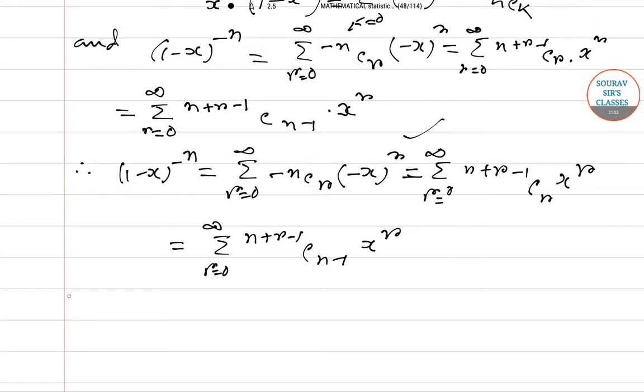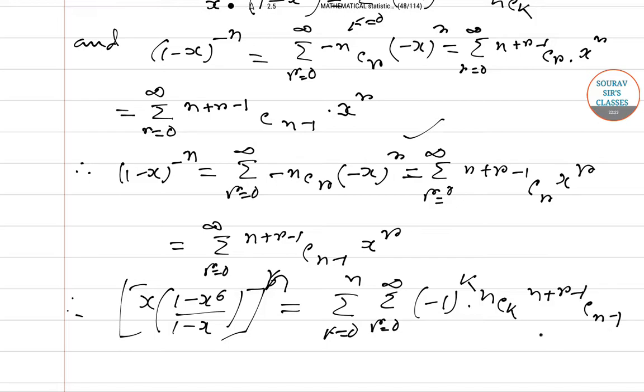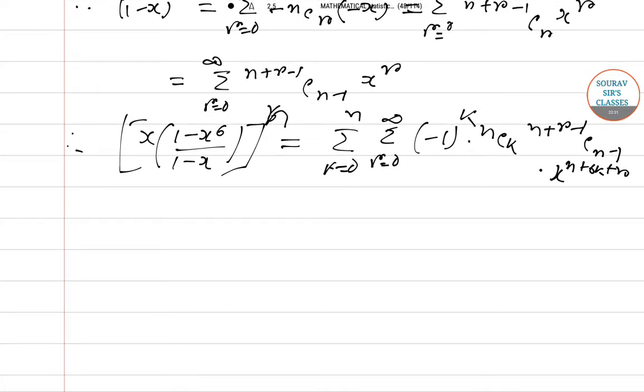Now from here, we can write x into (1 minus x to the power 6) divided by (1 minus x), to the power n, equals summation k equals 0 to n and r equals 0 to infinity of (minus 1) to the power k times nCk times (n plus r minus 1)C(n minus 1) multiplied with x to the power n plus 6k plus r. So far we have done this.